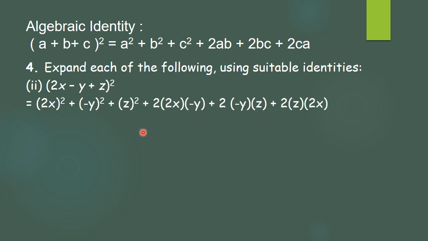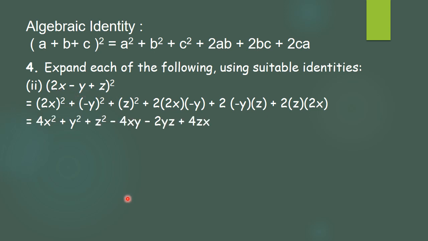And so using the identity, first what we'll write? (2x) the whole square plus (-y) the whole square plus z the whole square plus 2x into minus y plus 2 minus y into z plus 2 z into 2x.